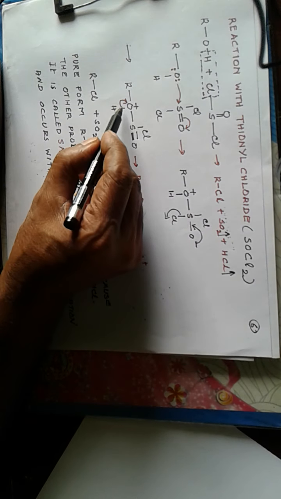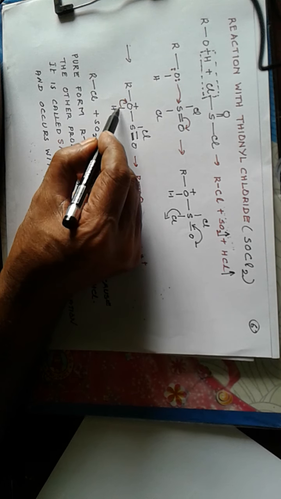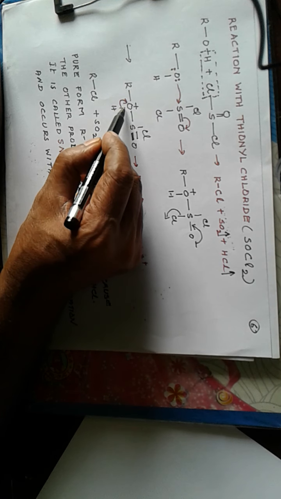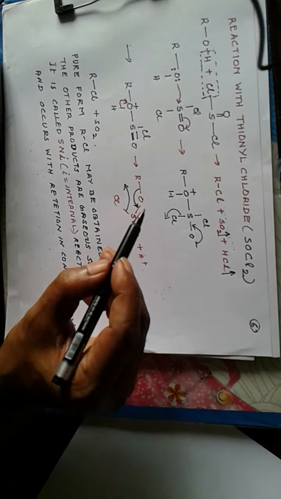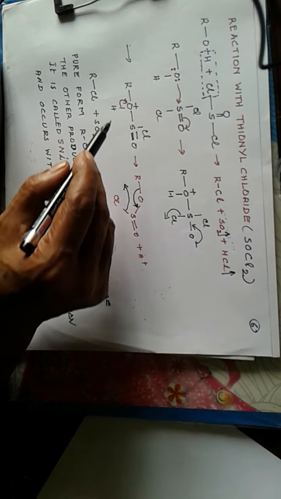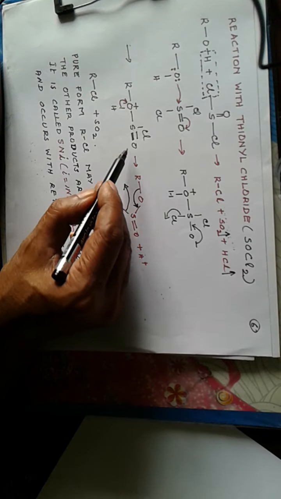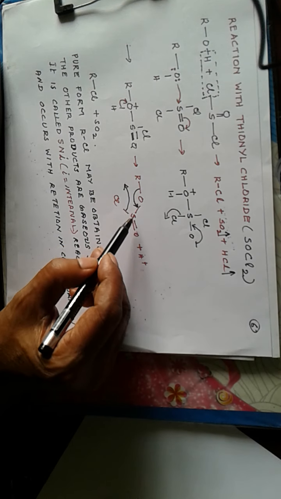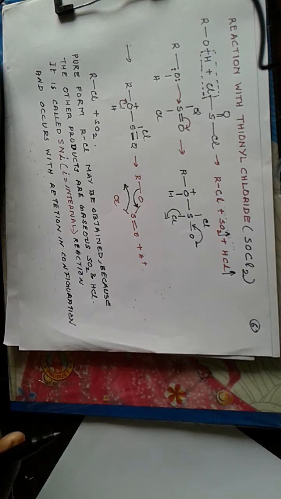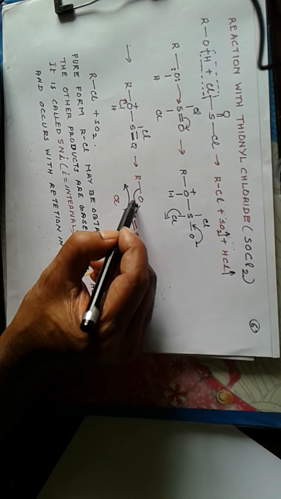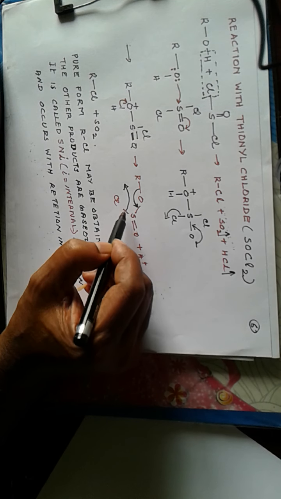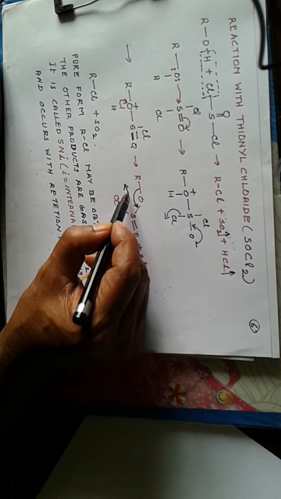Then oxygen positive removes H as H positive by taking up this bonding pair of electrons shown by this arrow. And we get ROS double bond O, Cl, and H positive. Now this bond will be shifting in this direction and this bond will be shifting in this direction.